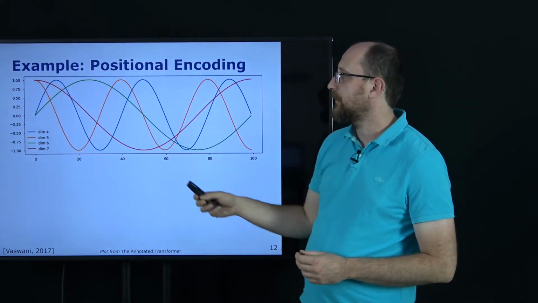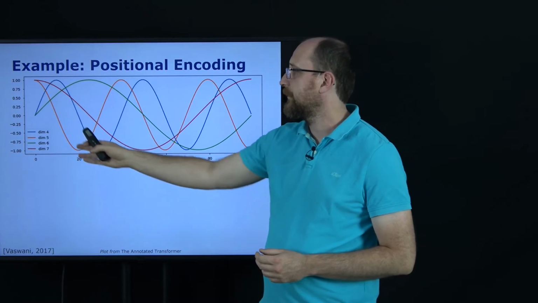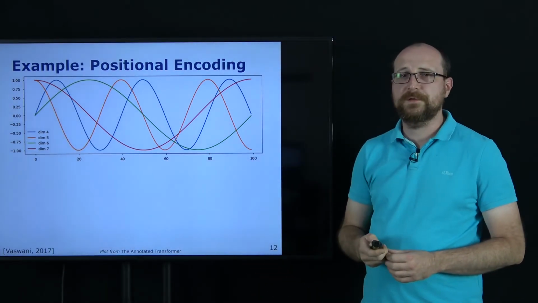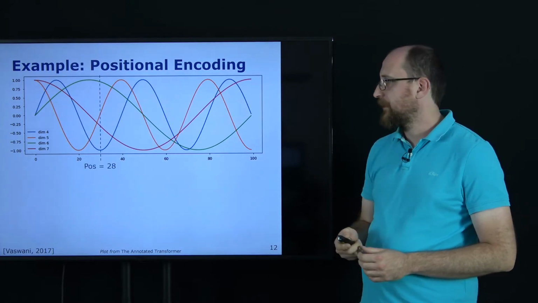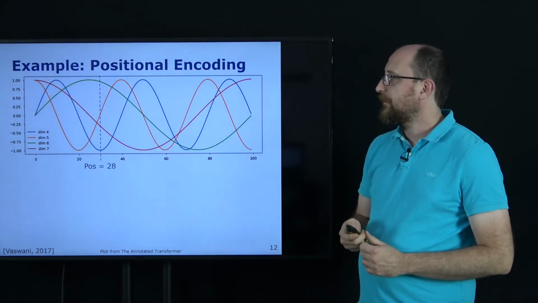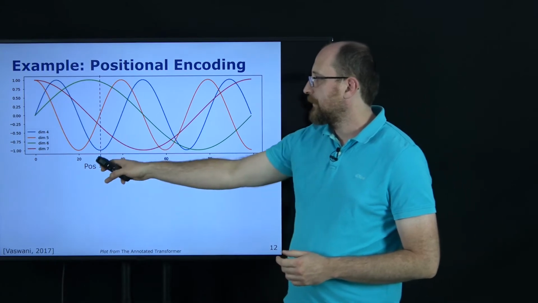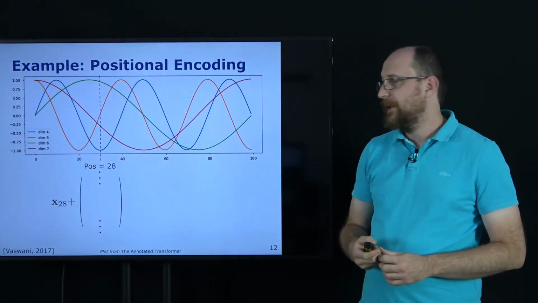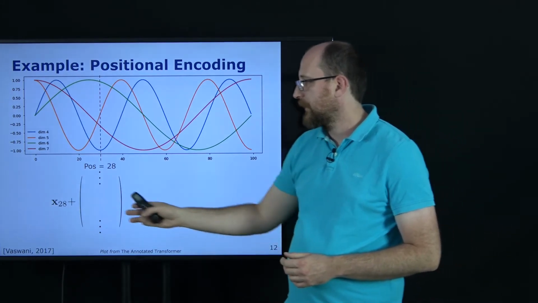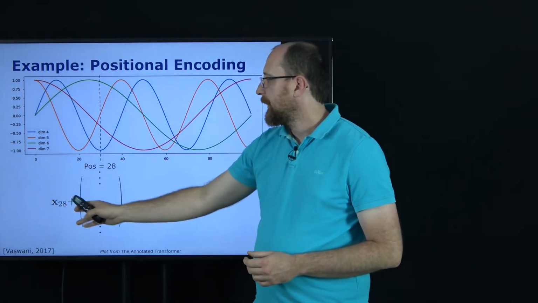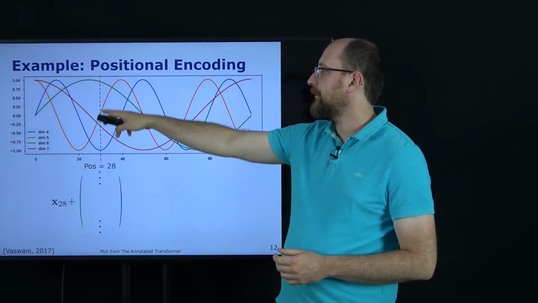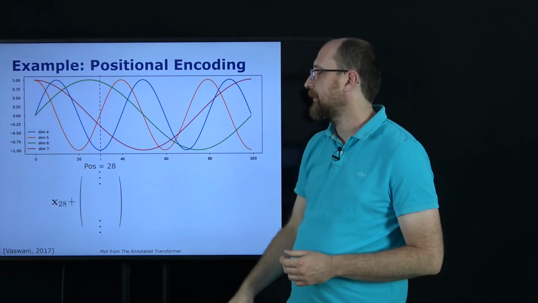Here we have our sinusoids and cosines for different dimensions. And when we now want to encode, for instance, the token at position 28, we are just looking at this slice of the functions. Then we have our embedding vector for the word at the 28th position. And then we are just looking up the values of the sine and cosine at the specific position.